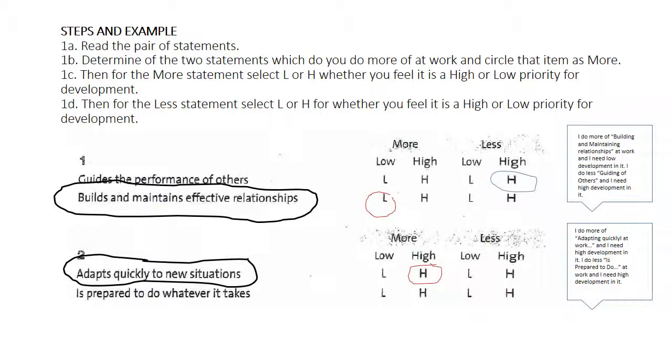I've run into a lot of different situations where I don't adapt quickly or I don't do it very well, and I think I really need development in that area. Looking at the other statement, which was my lesser, is prepared to do whatever it takes, I've selected that sure, I need to be able to do that, and I have a high development area priority in that particular one.